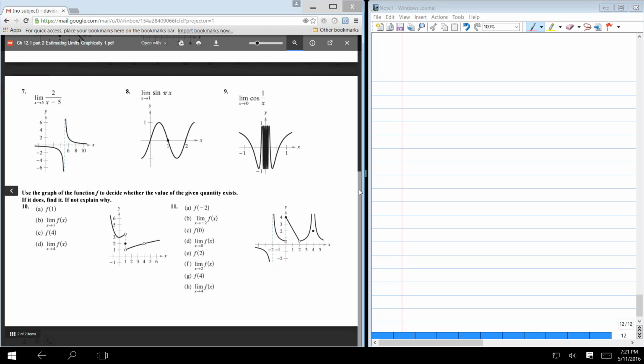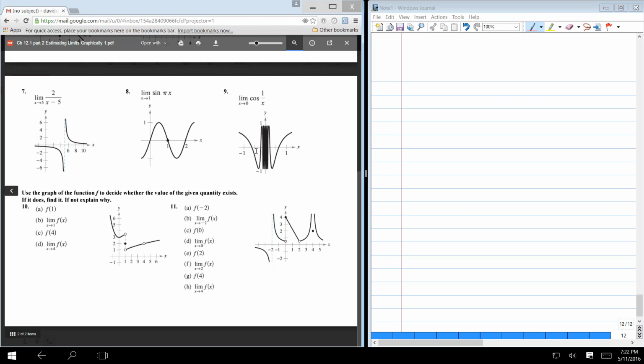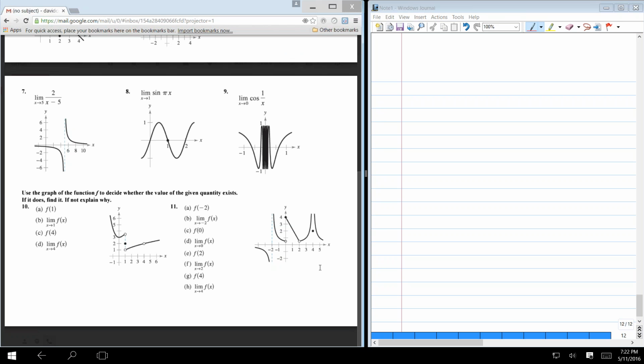See, once you figure out how to do these, they're really fun because they're easy. True. This one's the only really tough one that we've had. This one's impossible to tell by looking at the graph because it oscillates so fast that all we have is near vertical lines going up and down. But these are all easy. You just have to know how to do it.